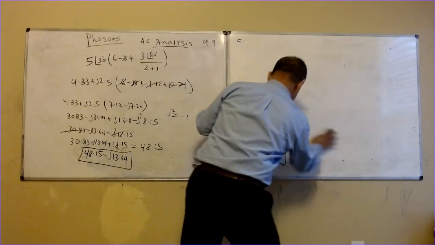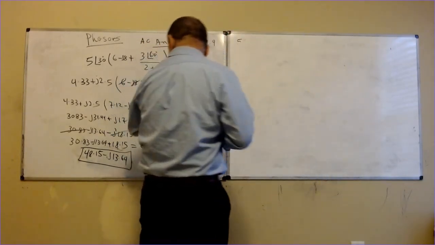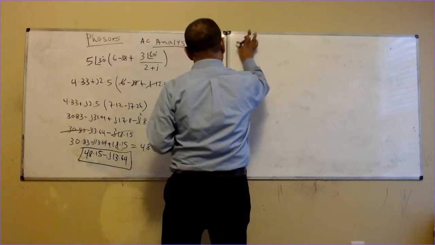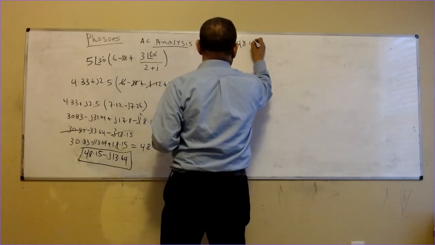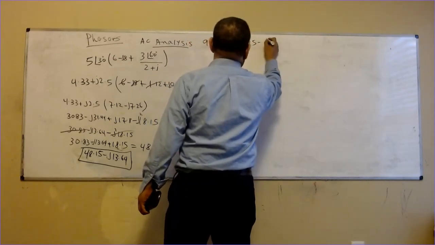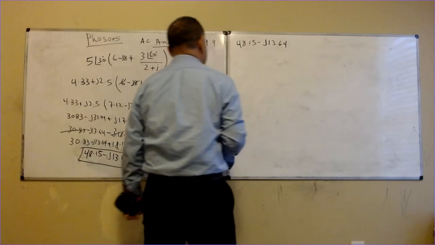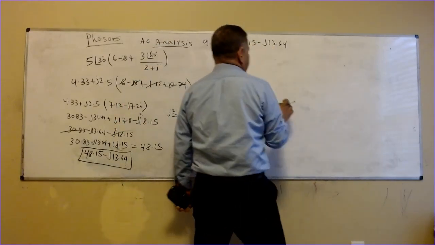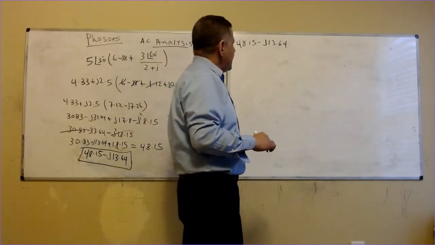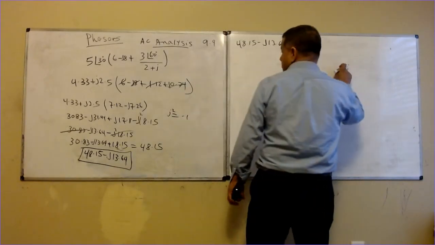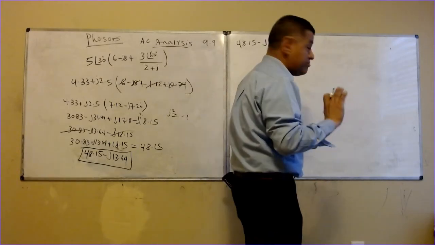So now we have 48.15 and we have minus J 13.64. Right. So now we need to find the angle of that, because we have to put this answer in polar form. So we need the angle and also we need the magnitude.